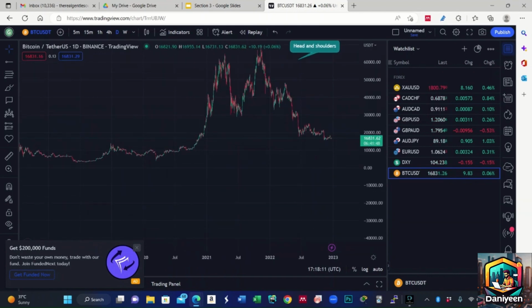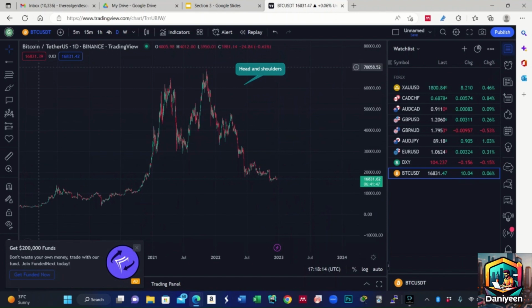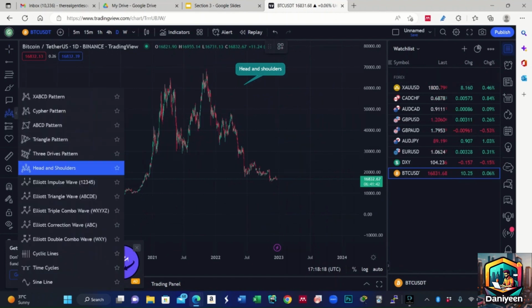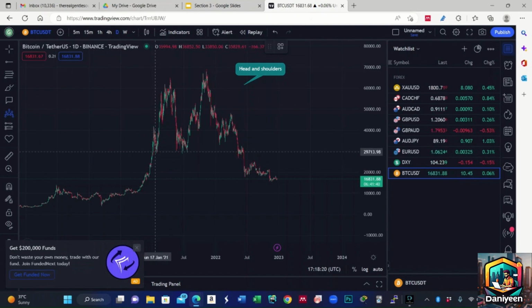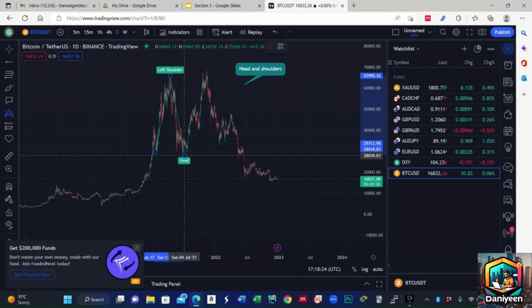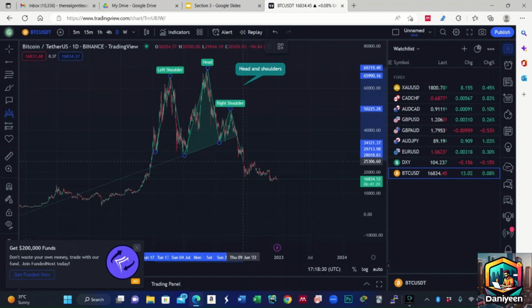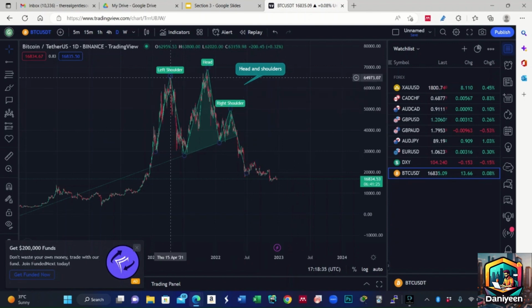Then let's move to the next one, which is heads and shoulders. I'm going to be using the head and shoulder tool to make this clearer for you. Head and shoulder. So that is it. This is the left shoulder, this is the head, and this is the right shoulder.